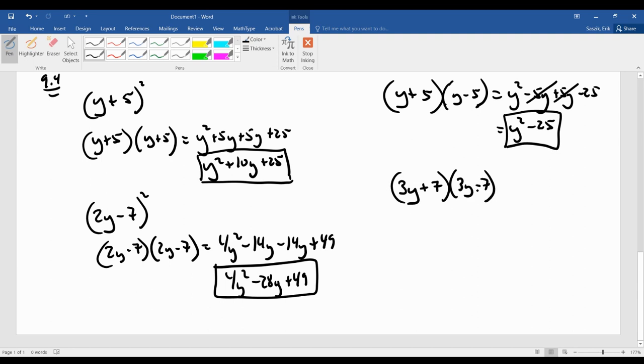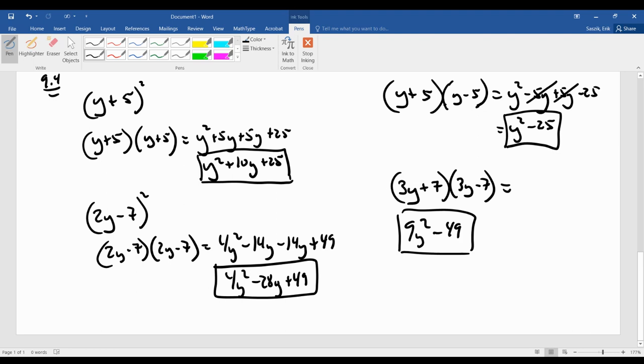Again, it's the same exact thing. One's plus, one's minus. Square the first thing, 9y squared, square the 7, stick a negative there, and you're done. See, you can do what we did up here, and with all the distribution, it's just not necessary. So that's the only special case thing I'd like you to remember, because it does save a little bit of time, and you can just square the first.